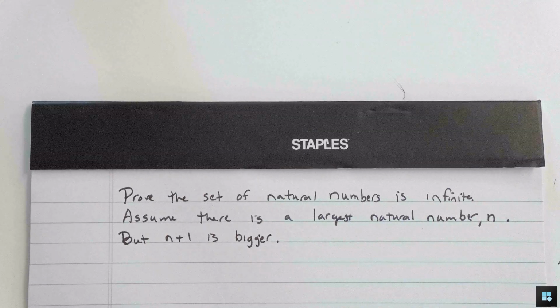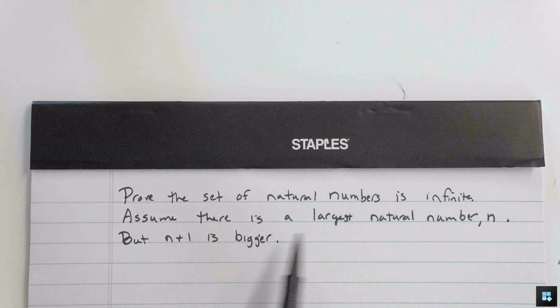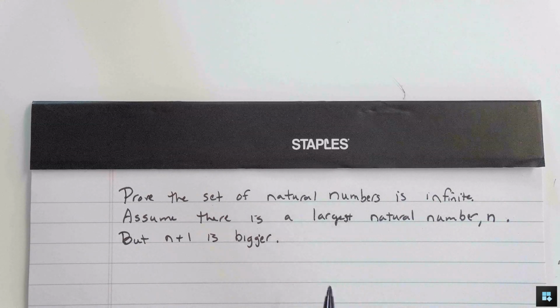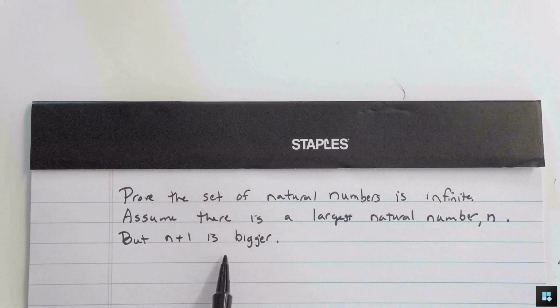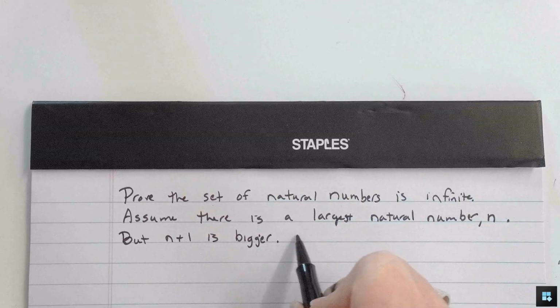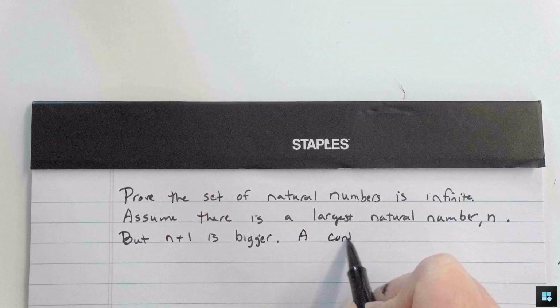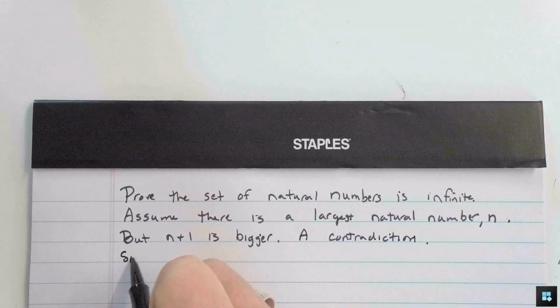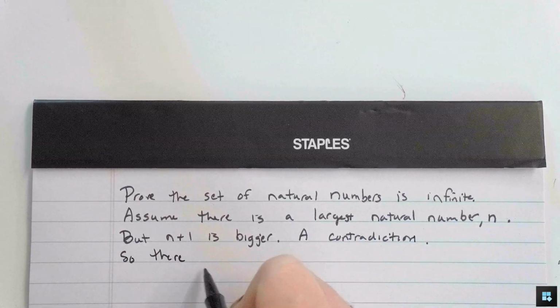So just like when we were proving the square root of 3 was irrational and we first assumed it was rational and arrived at a contradiction, that's what we did here. If there was a largest natural number, then it would be a finite set. However, we have one that's bigger, a contradiction. So there is no largest natural number.